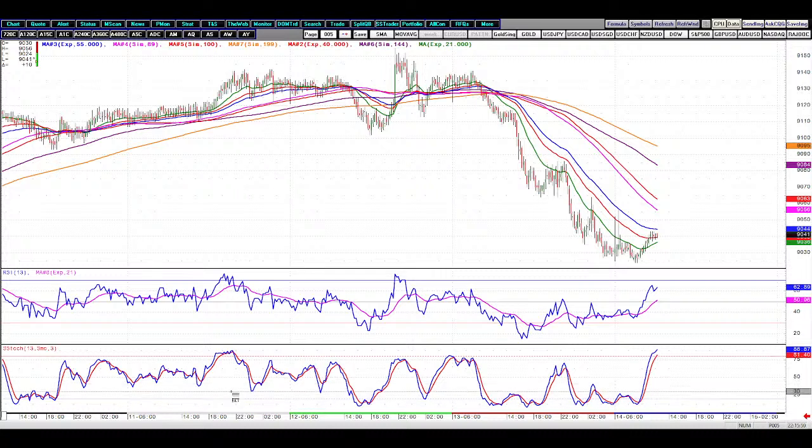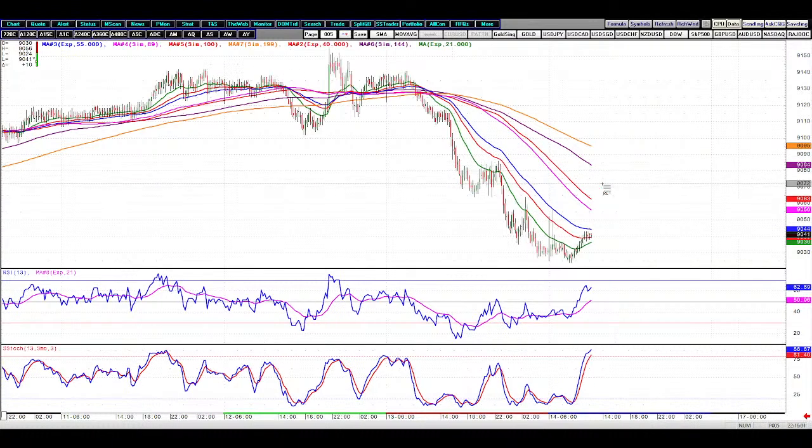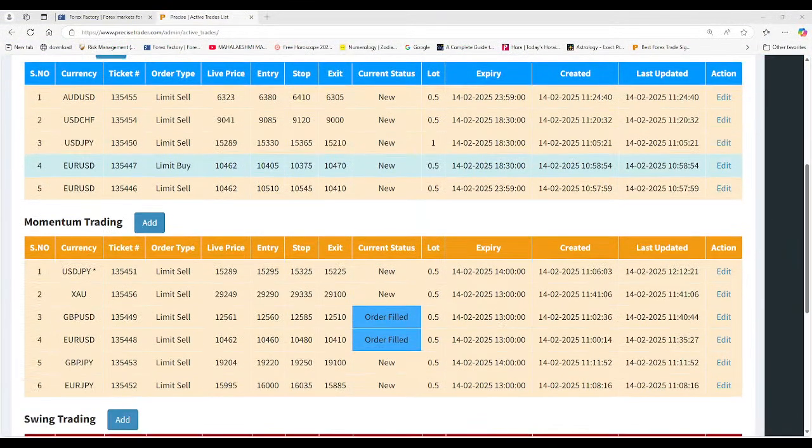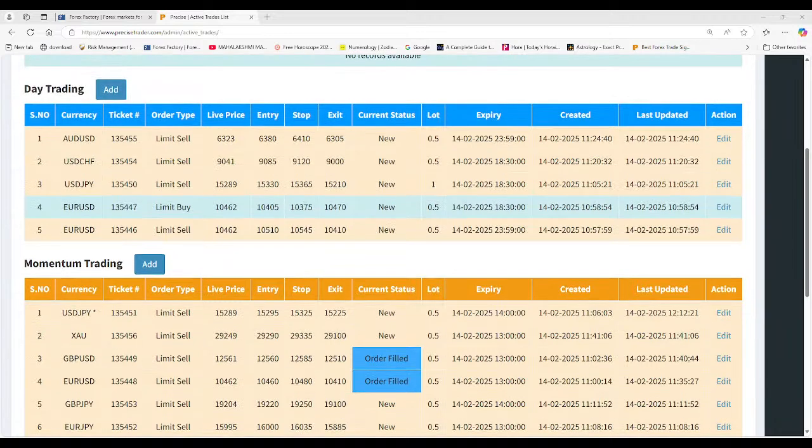So here we feel some pullback to be seen, so we'll try to sell at 90.65 or 90.85. Then expect the 90 figure to be tested, and if it breaks, then we can see the price moving lower.